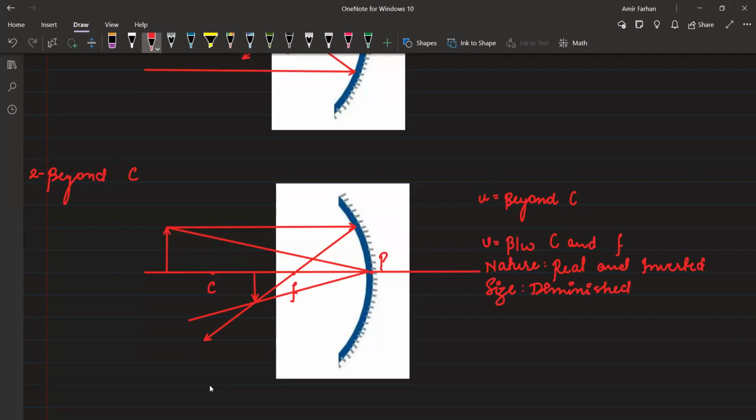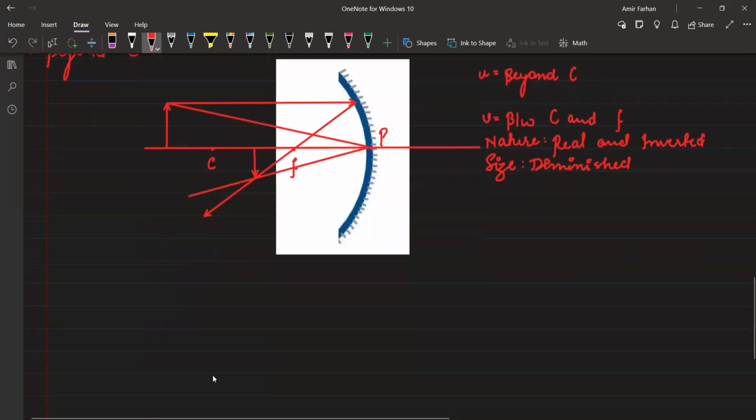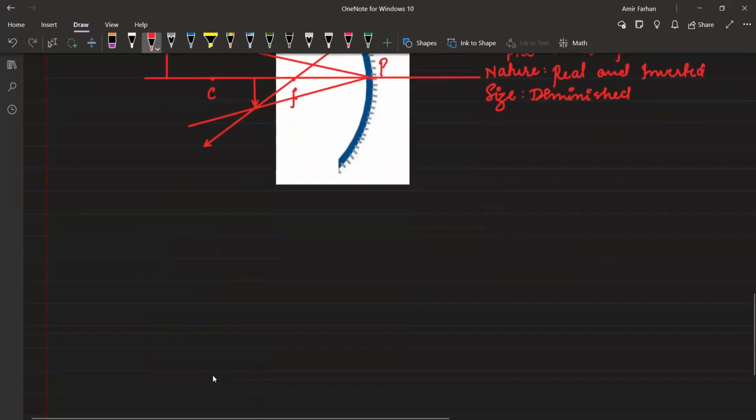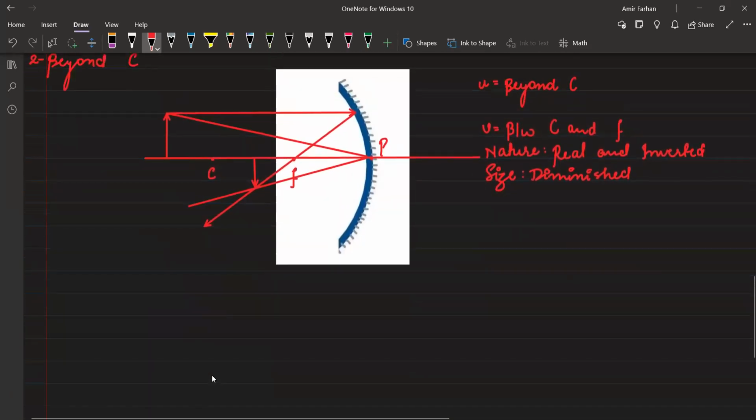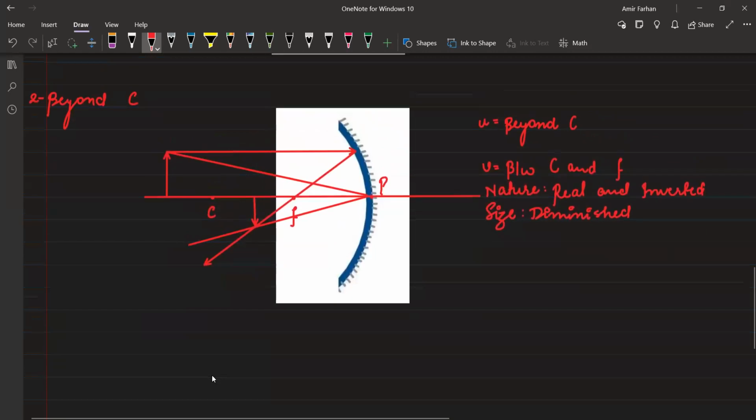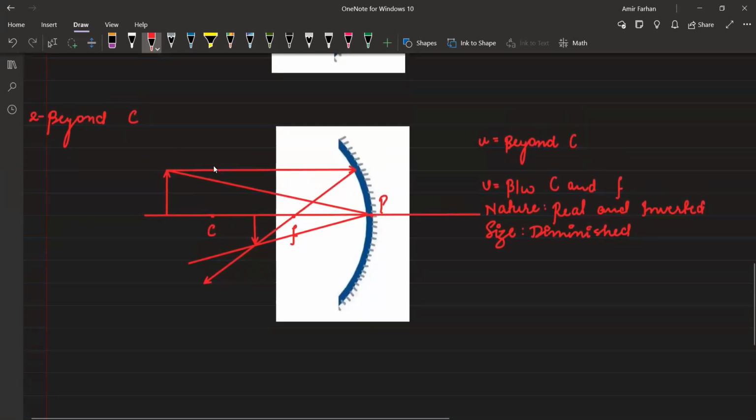Okay. Next case will be, where will be the next case? Can anybody tell me? In front of C. At C, not in front of C. It will be at C. Clear? Yes, sir.